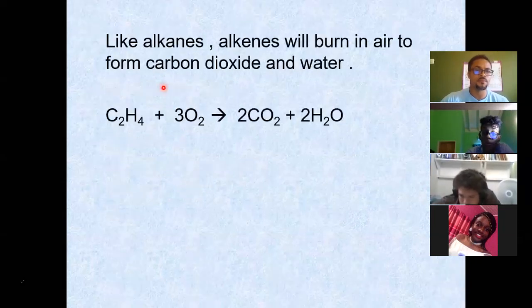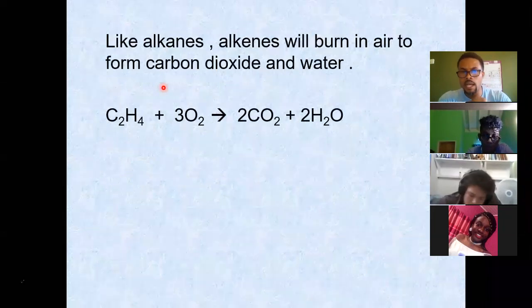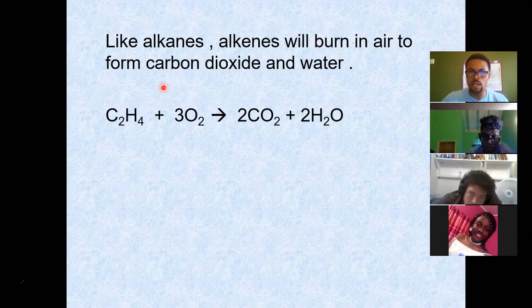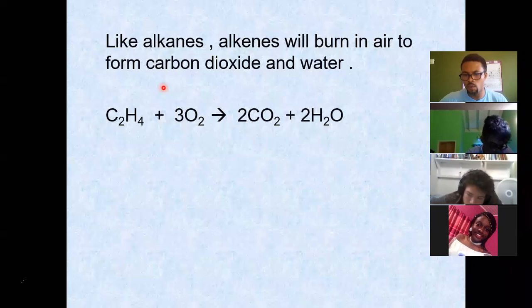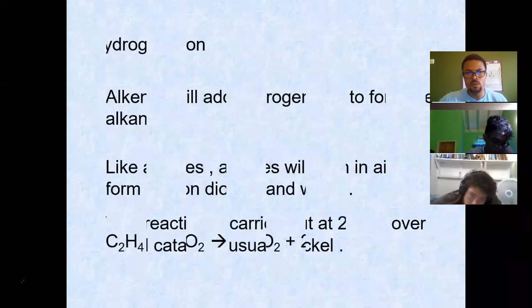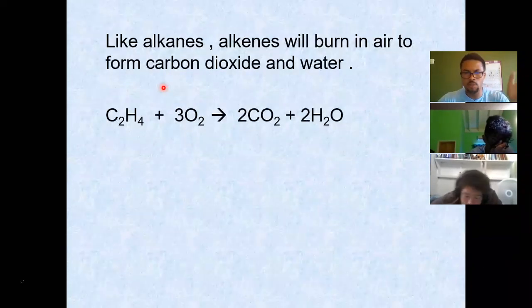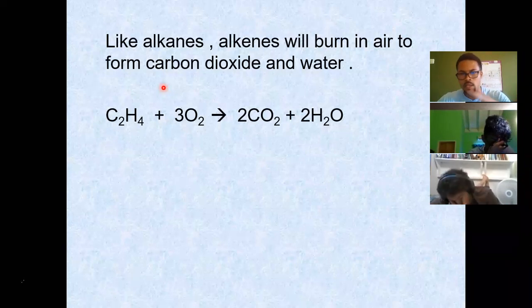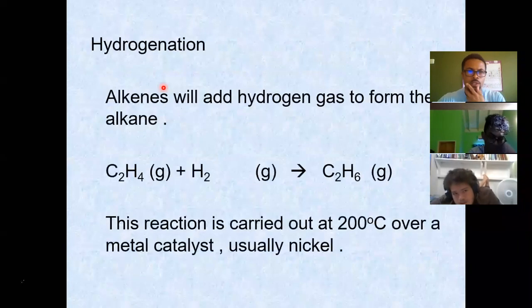So like alkanes, alkenes will burn in air to form carbon dioxide and water. So that's pretty much straightforward. Carbon dioxide and water are produced, as well as a whole lot of energy, because they are exothermic reactions. So, hydrogenation.